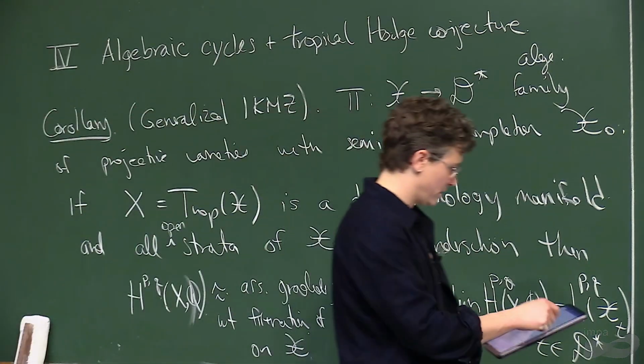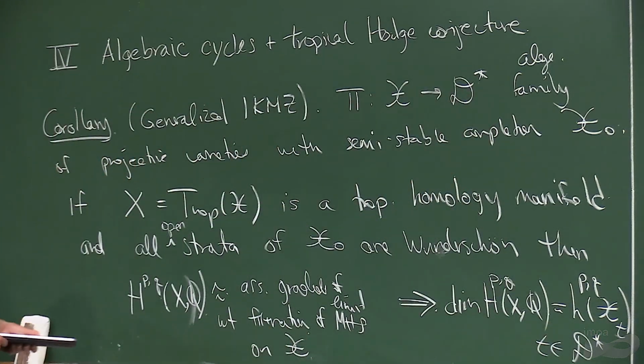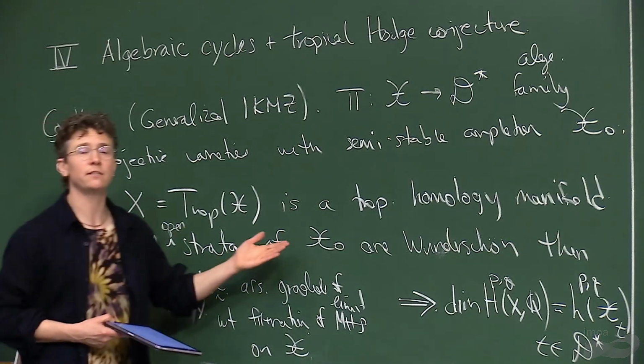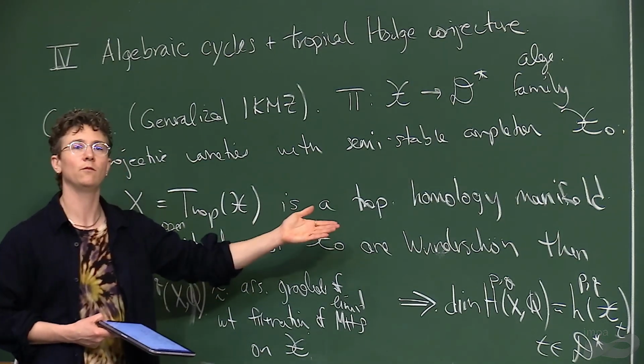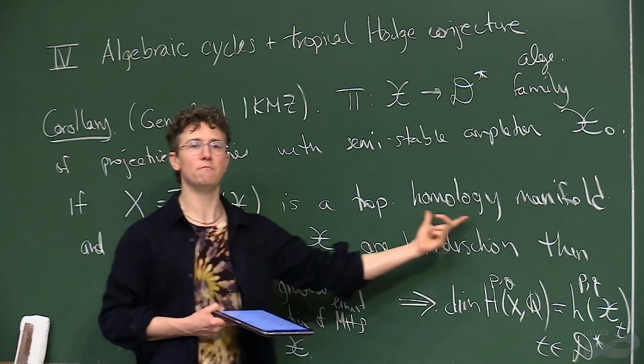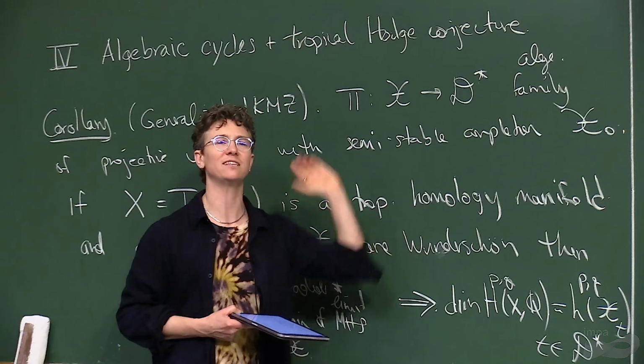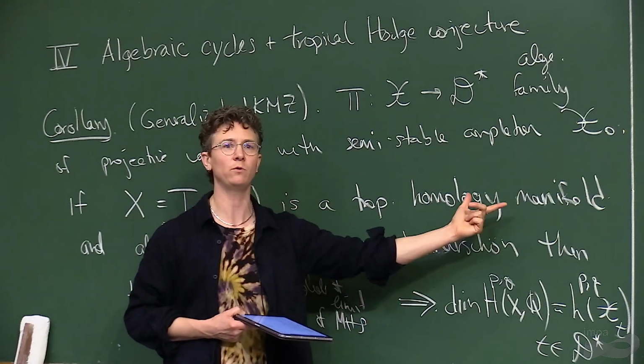Okay. The second thing I wanted to, sorry, explain is why this is a generalization or a strengthening of the one we had before. Yeah, so I said last time that matroidal fans satisfy tropical Poincaré duality. So anything that's locally matroidal will be a tropical homology manifold.